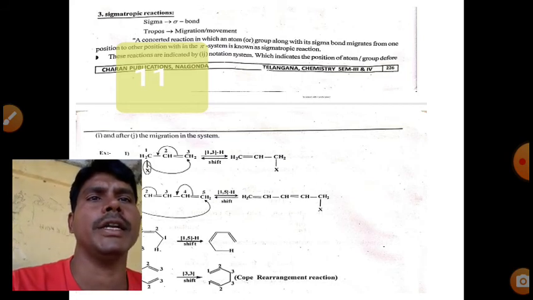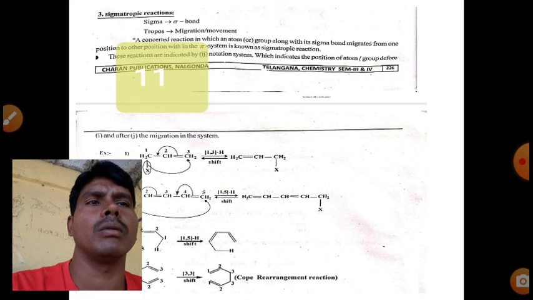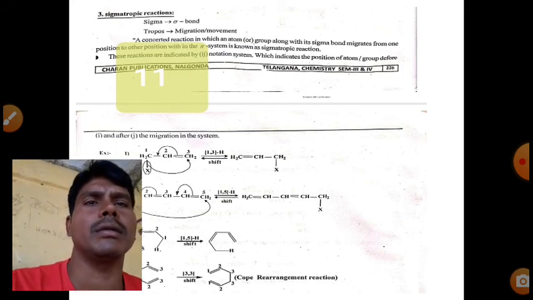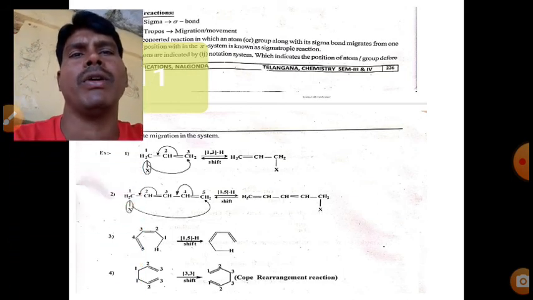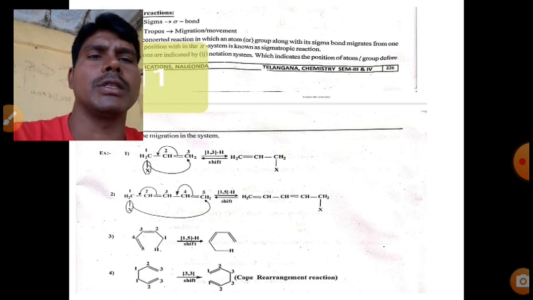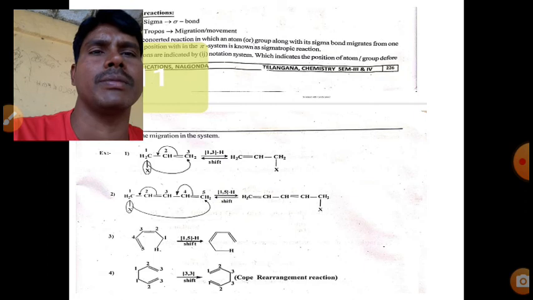These reactions are indicated by the i,j notation system, which indicates the position of the atom or group before and after the migration in the system. For example, 1,3 hydrogen shift, and also 1,5 shift or 1,7 shift. We can easily take the Cope rearrangement, a 3,3 shift.